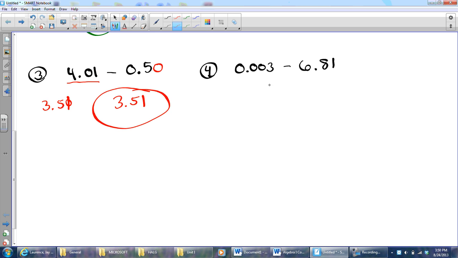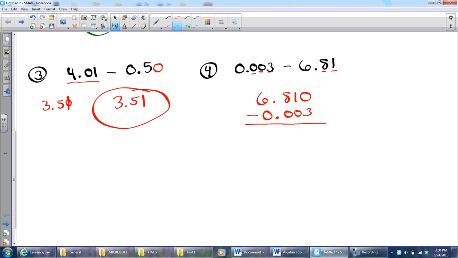It doesn't look like money to me. So I'm going to take the 6 and 81 hundredths and I'm going to add a 0 to that. Why am I doing that? Because I've got 2 digits past the decimal, and here I have 3 digits past the decimal. Now I'm going to subtract 0 and 3 1,000ths.